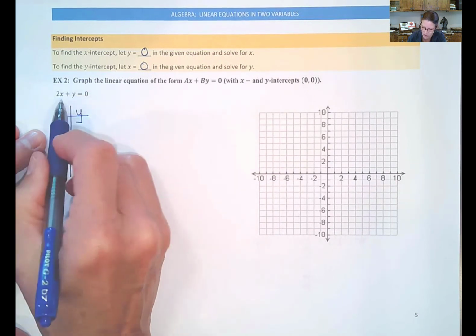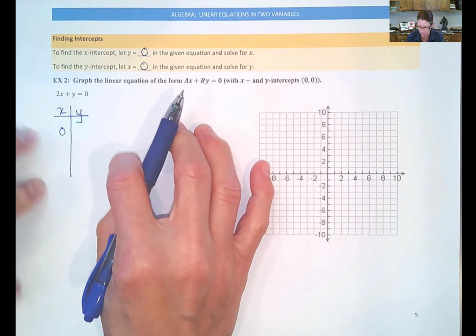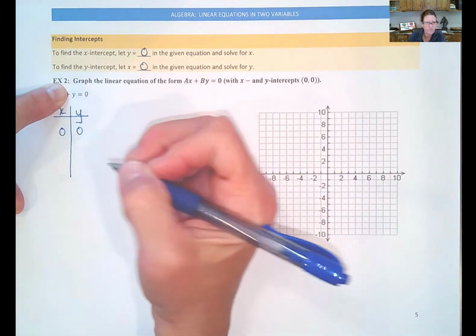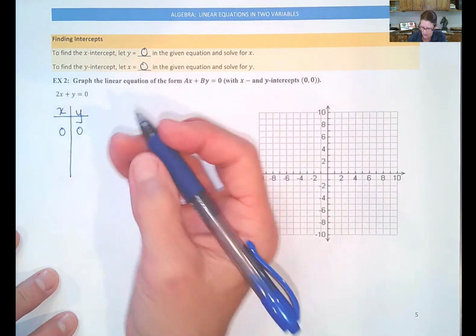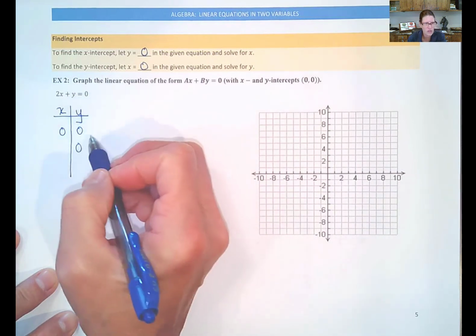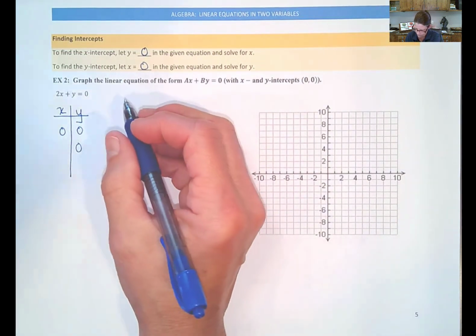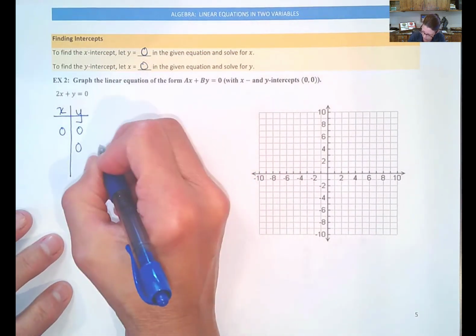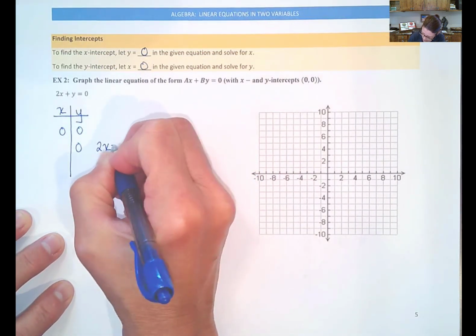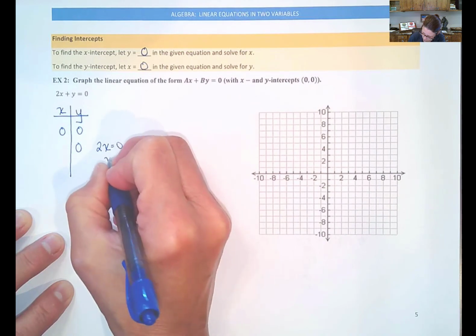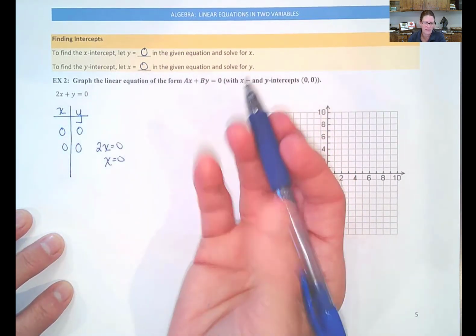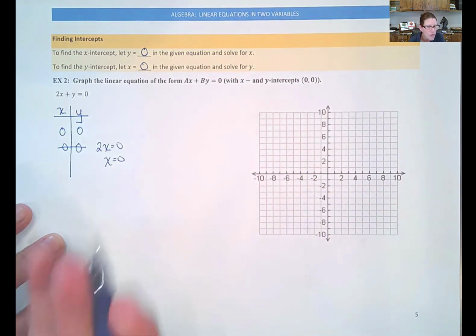So in this equation, if we replace x with 0, we have y equals 0. Now, if you turn around and in the equation replace y with 0, that y term disappears, and we've got the statement 2x equals 0, dividing by 2, x equals 0. So that's just going to generate the same point that is the origin. So don't do that, okay?